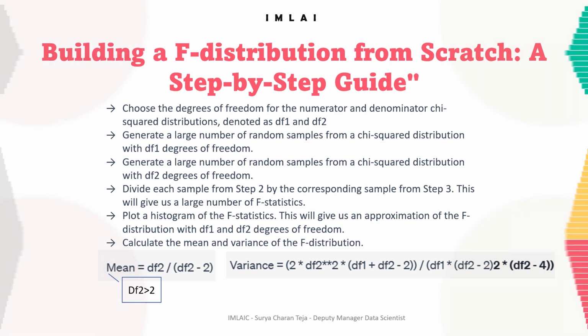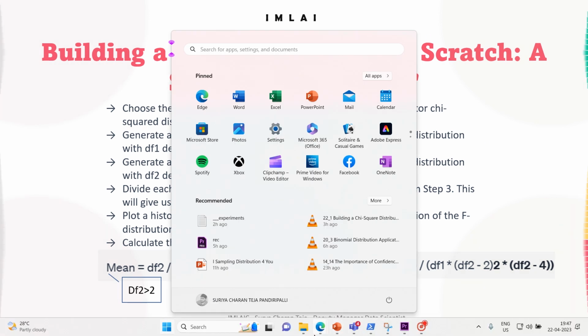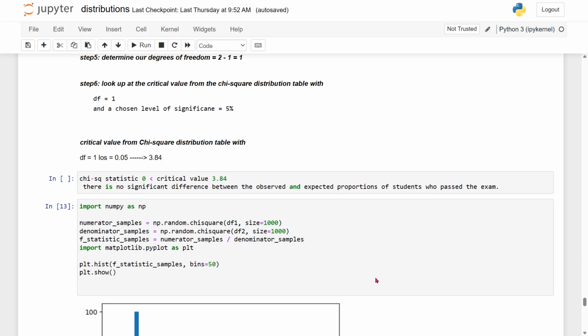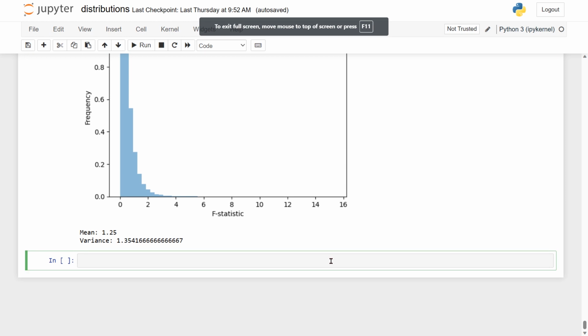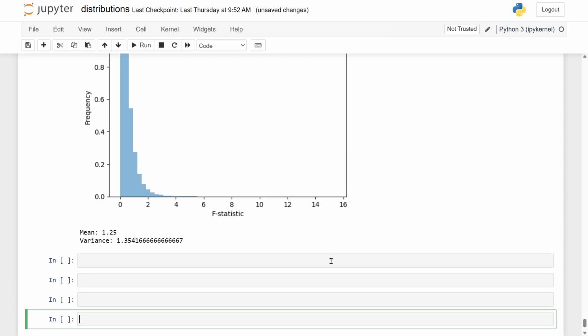Okay, now let's do it practically. This is our F distribution.